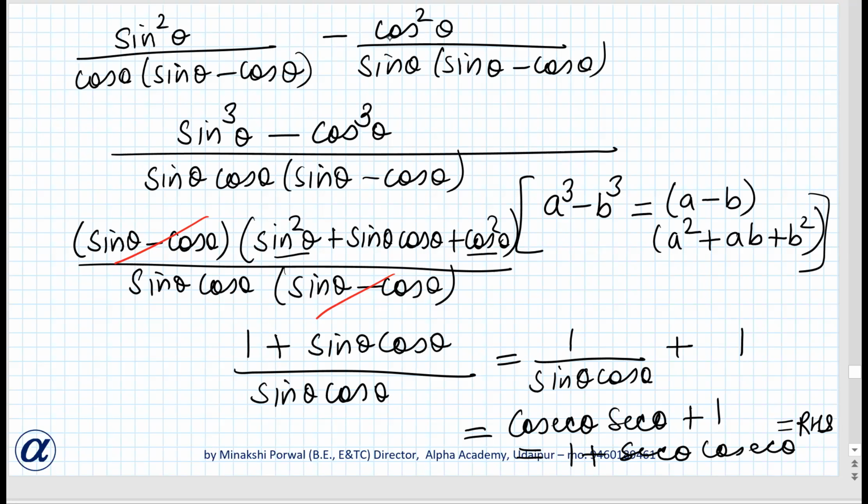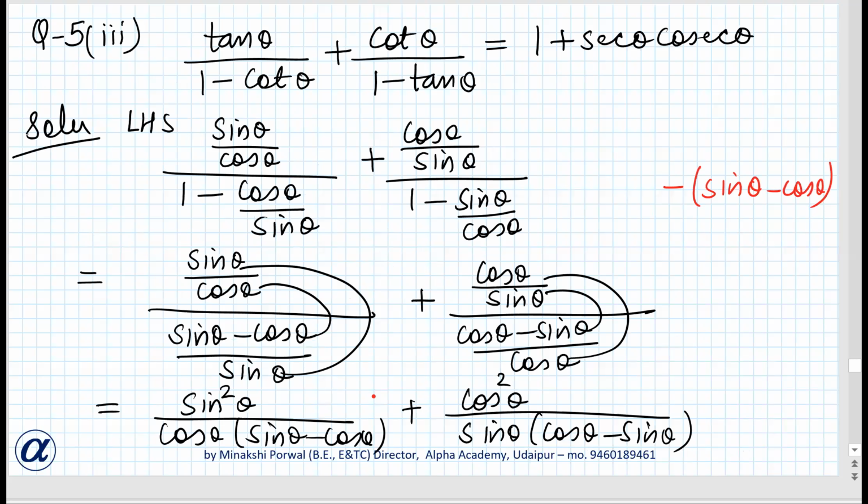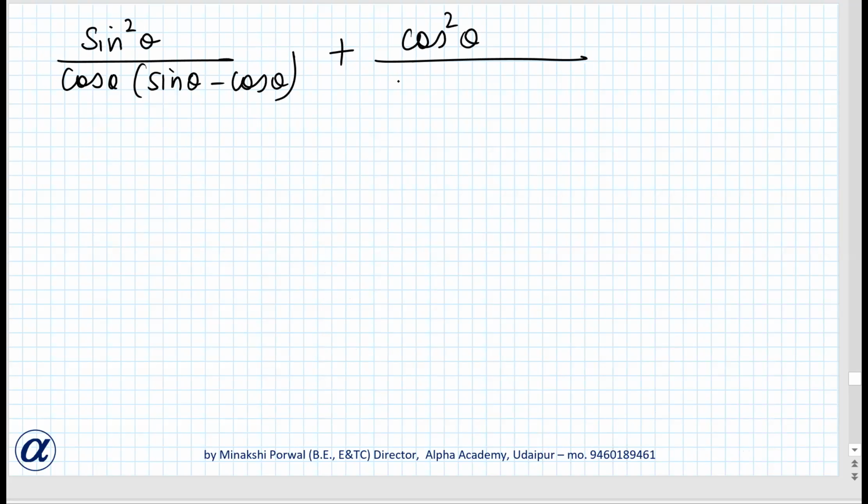What did you do after taking minus common? After taking minus common, okay, these two steps. Yes, ma'am. We'll do it on the same slide. Basically, this was sin square theta upon cos theta into sin theta minus cos theta, plus this was cos square theta by sin theta into cos theta minus sin theta. This was there. Okay. So what we have done, we have taken minus sign common from here and made it sin theta minus cos theta.